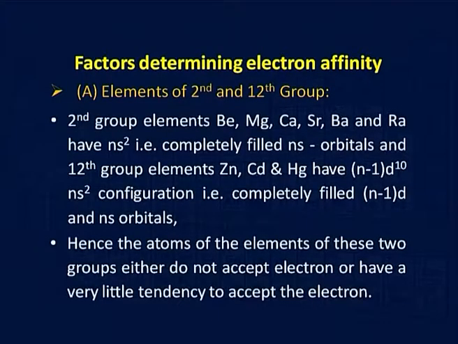So, those elements which have completely filled ns orbitals or (n-1)d orbitals, or we can say completely filled shells, have very low electron affinity values, because these elements do not accept electrons, or have a very little tendency to accept them. Since their shells are completely filled, they have the least tendency to accept an electron, so their electron affinity values will be very small, or 0.